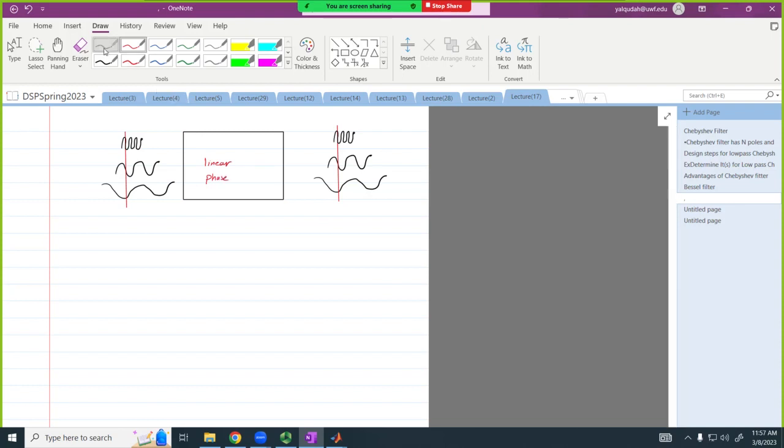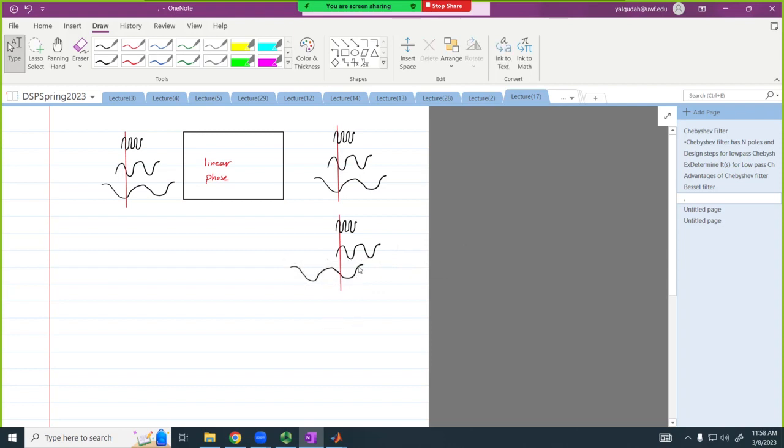If it does not have linear phase, what's going to happen? These signals are going to be delayed a different amount of time. So I might look at the output of the system, and this signal here might be like this. This signal here might be like this. Make sense?